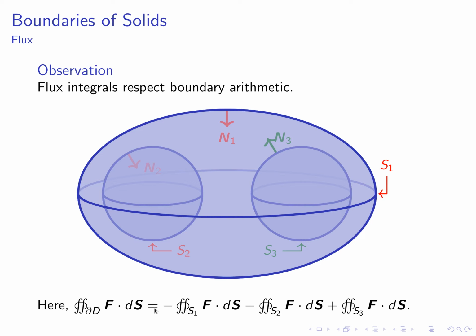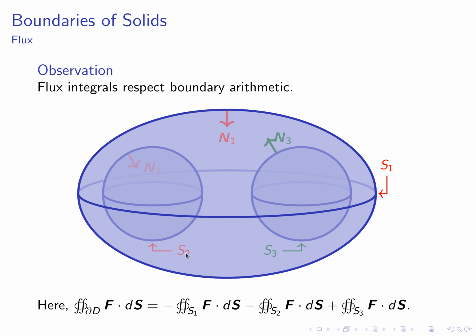Let's correct the typos together. We said that S1 has the negative orientation because its normal vector points into the domain, which indicates that we should subtract a flux integral over S1 when we do our flux calculation.